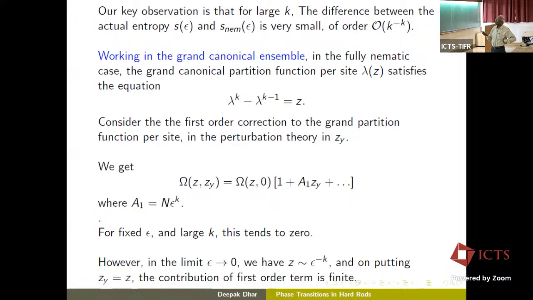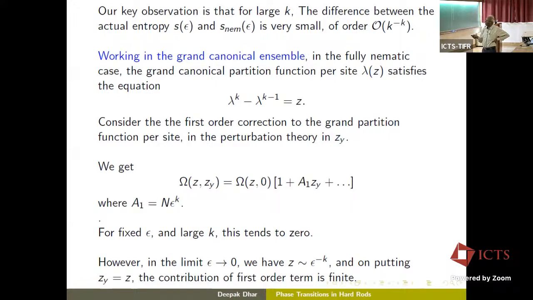So now I consider again perturbation theory in zy, but now we are doing the perturbation in the presence of holes. So I will write omega of zy equal to omega of z0, and then I will write a perturbation expansion in zy. Now the first order coefficient is no longer zero, it is non-zero. You can have k holes vertical, and you can just put a y rod there, and so the coefficient will be a1 times zy plus a2 zy squared plus a3 zy cubed, and we have to evaluate each of these coefficients.